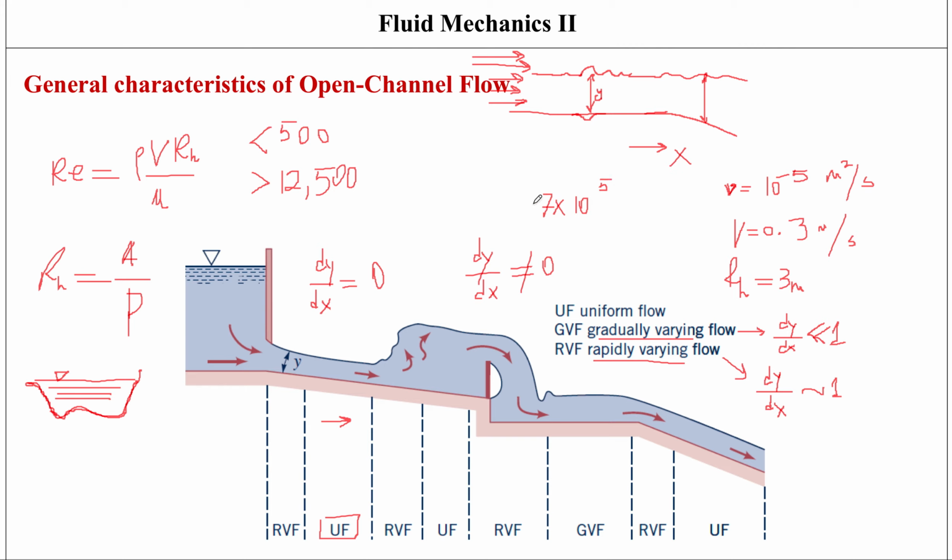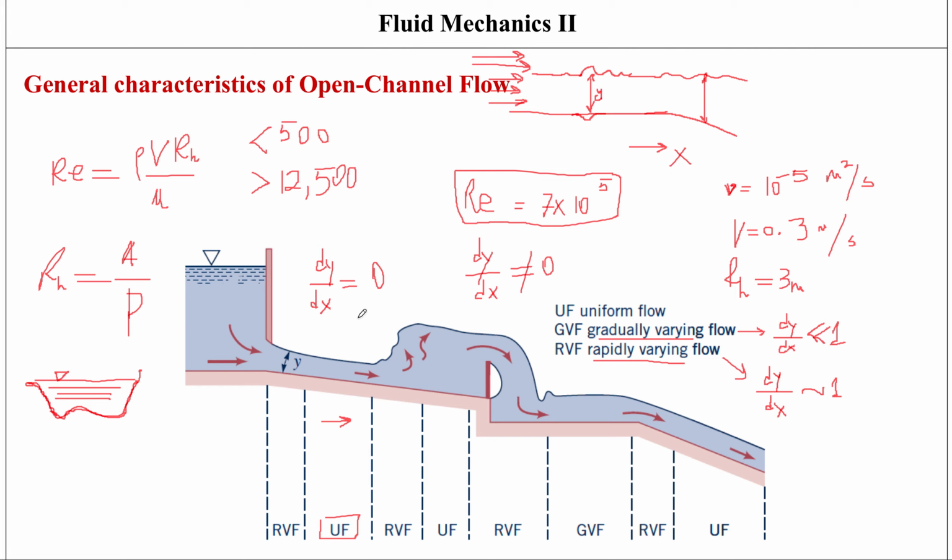So that means that you've got a turbulent open channel flow. This is represented by Re, and this is your Reynolds number. So that's how you work out the Reynolds number for an open channel flow.